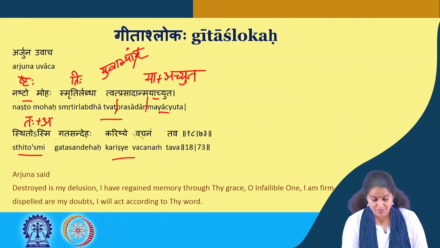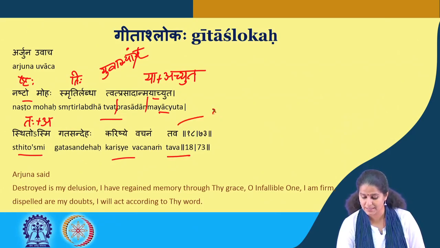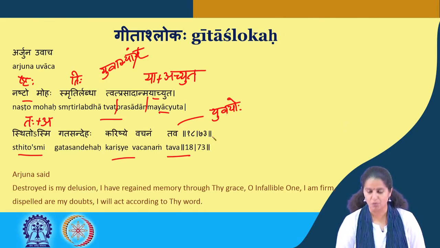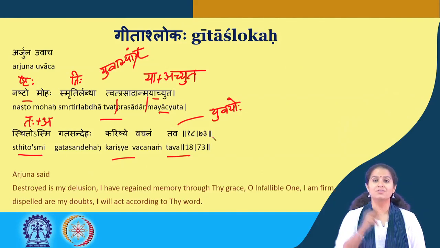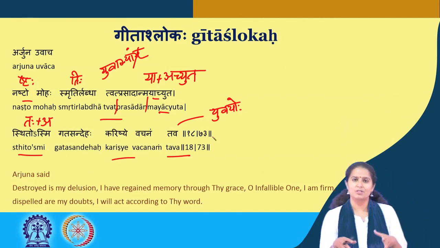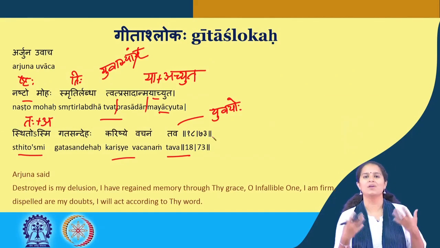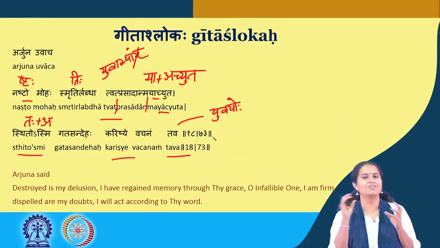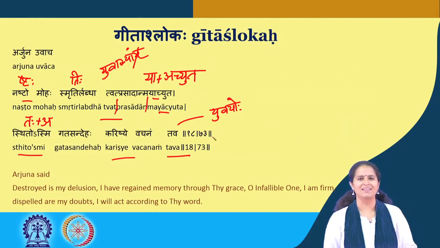And then the other one was tvat prasadan, and then you have tava, your. What was it for tava? It is yuvayoho. Yuvayoho is of the two of you. It doesn't fit into the context. I just wanted to see how we can apply the grammar of the singular and the dual here.